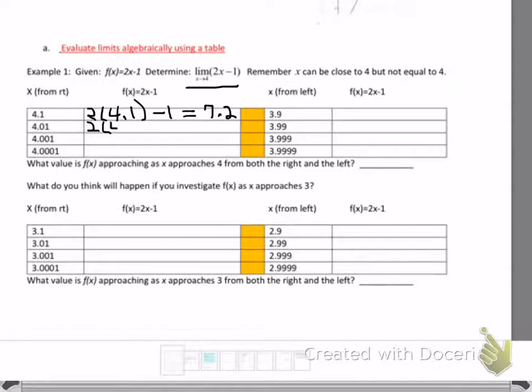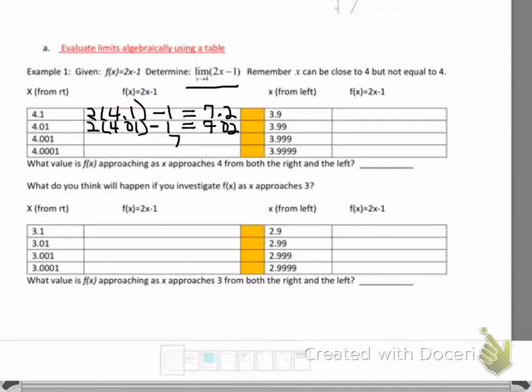Okay, do the same thing. Pick a value a little bit closer. I'm picking 4.01. Subtract away the 1 that you have in the function, and I'm going to get 7.02. I'm going to keep doing that, and I'm just going to write in my numbers.